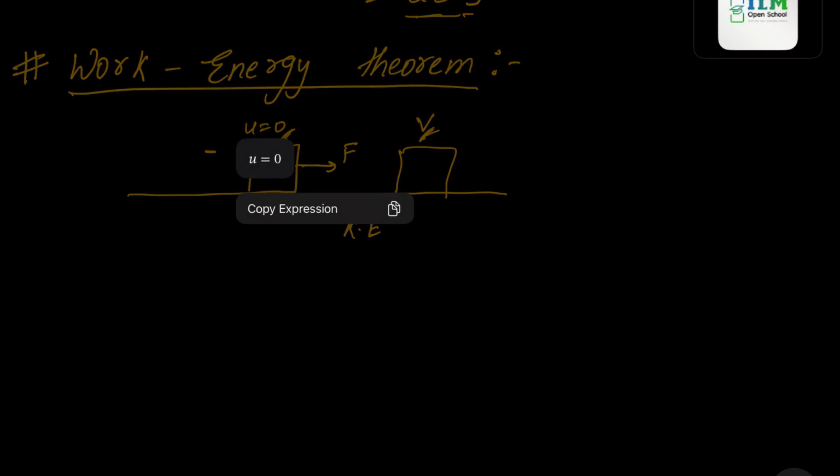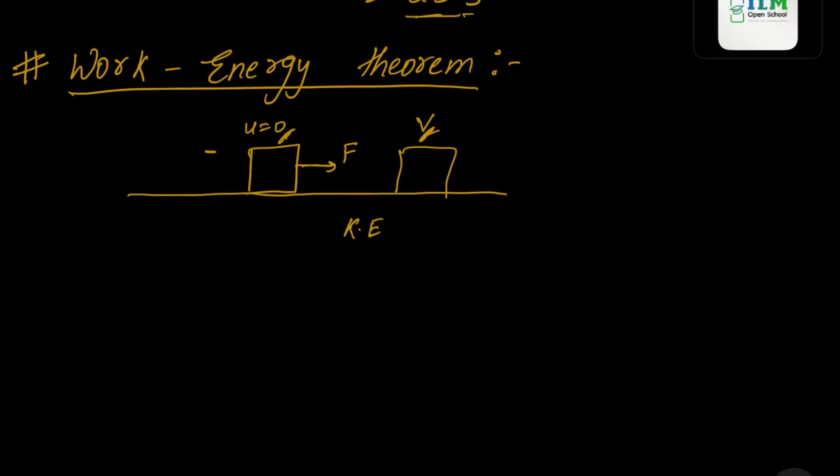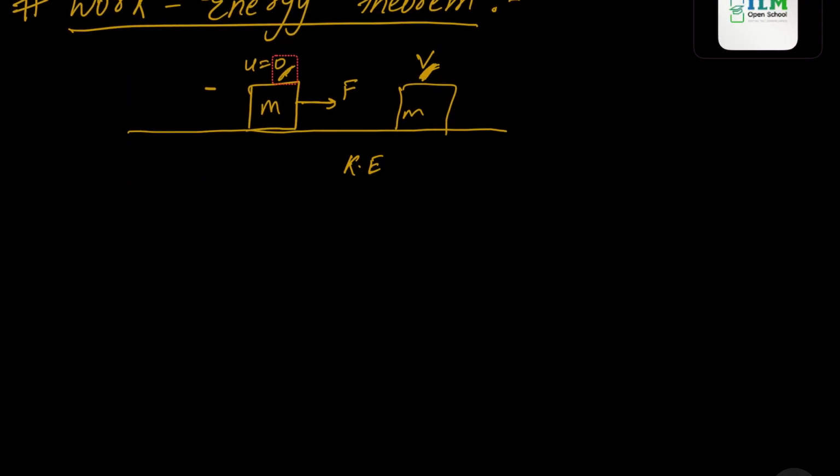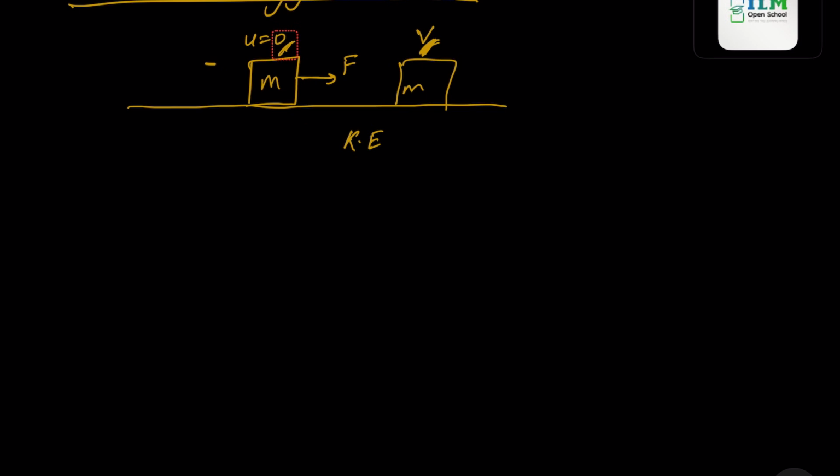Here, kinetic energy is zero because speed is zero. Let's say the mass is m. Here, speed is v, so kinetic energy will be half mv square. So when we apply force on our body, it changes its speed, and when speed is changing, the kinetic energy also changes. That's why there is a relation between work done by that force and energy.